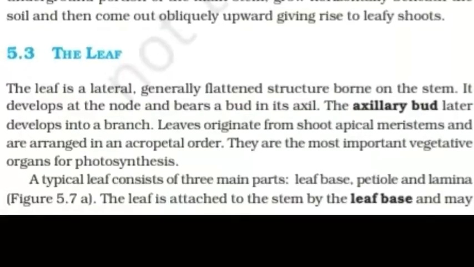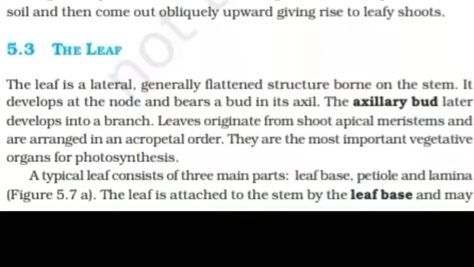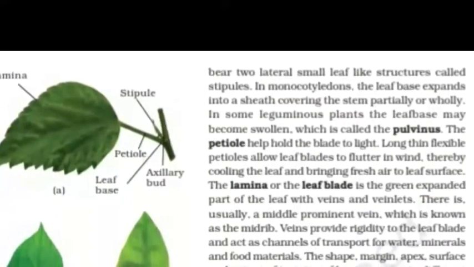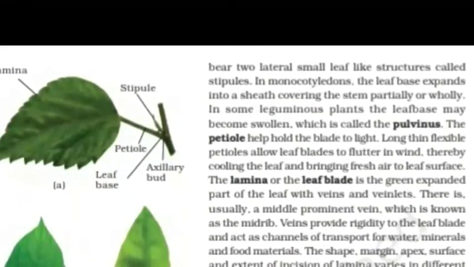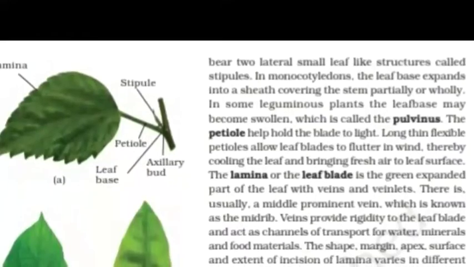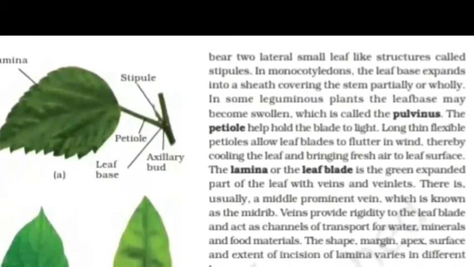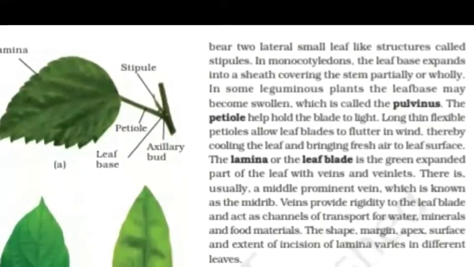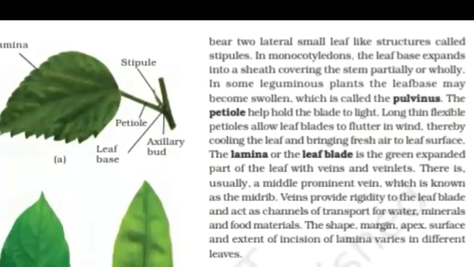The leaf is attached to the stem by the leaf base and may bear two lateral small leaf-like structures called stipules. In monocotyledons, the leaf base expands into a sheath covering the stem partially or wholly.